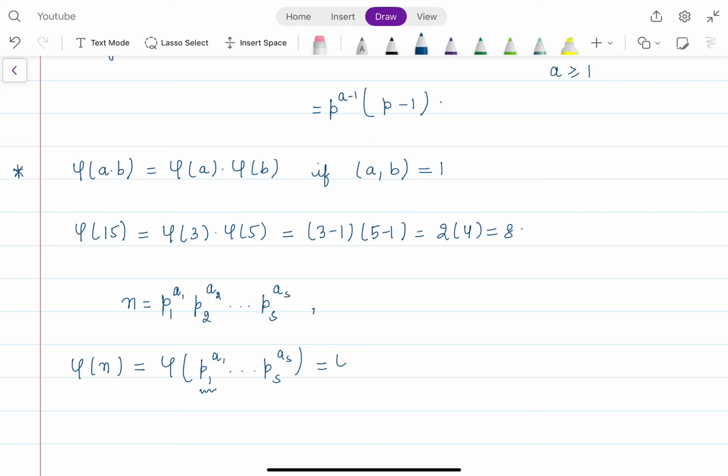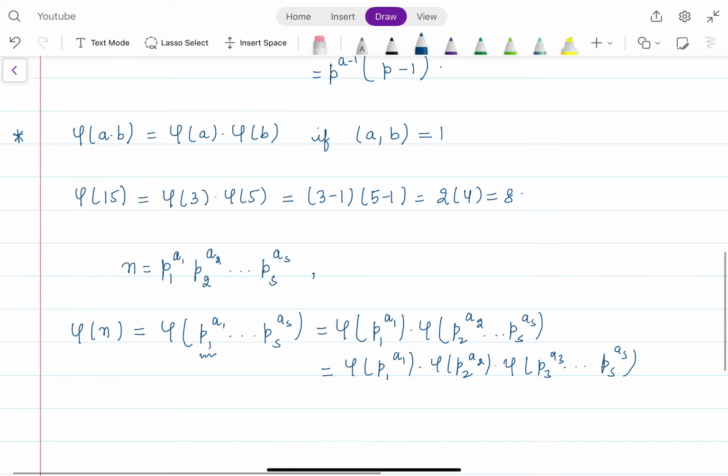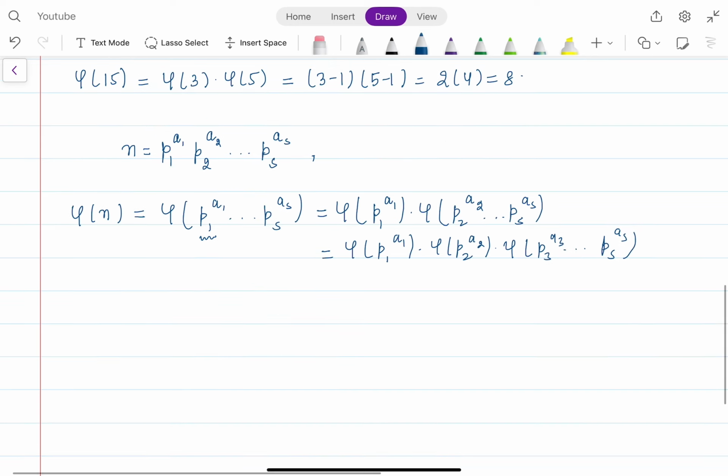So we can write it like this: phi of P1 A1 times P2 A2 up to Ps As. This will be same as phi of P1 A1 times phi of P2 A2 times phi of P3 A3 and so on up to Ps As. So in a finite number of steps, what we will get is that this will be same as phi of P1 A1 times phi of P2 A2 up to phi of Ps As.